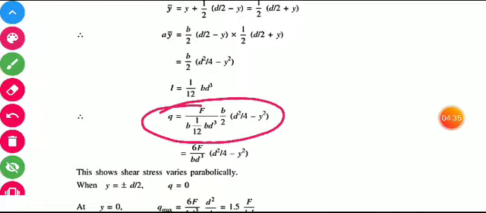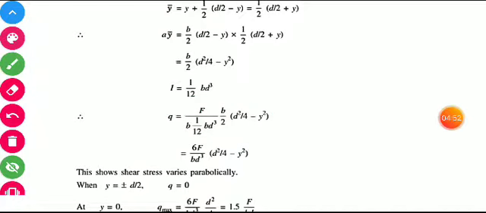From this equation you find out the distribution: 6F by bd cube into d square by 4 minus y square. You can see that the value of shear stress mostly depends upon the value of y, the distance from the neutral axis to the particular section.